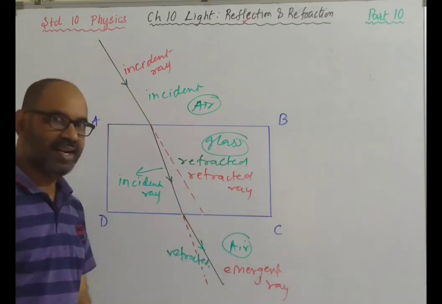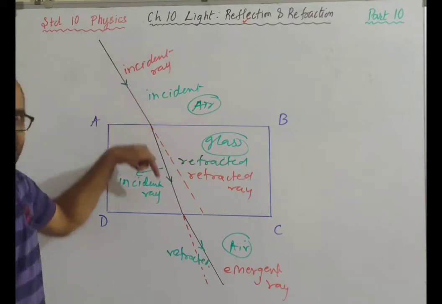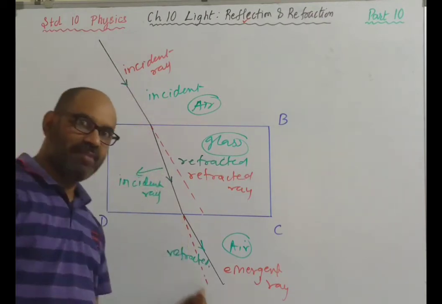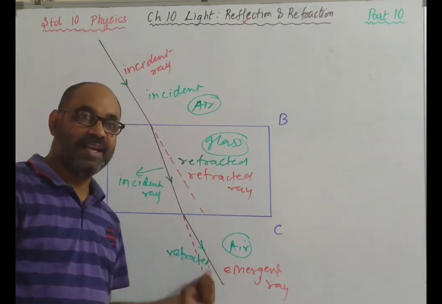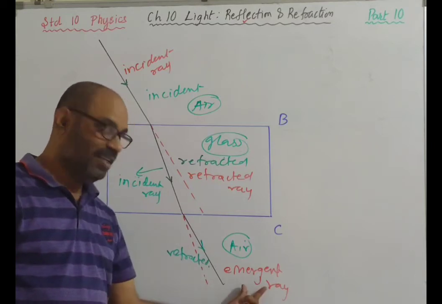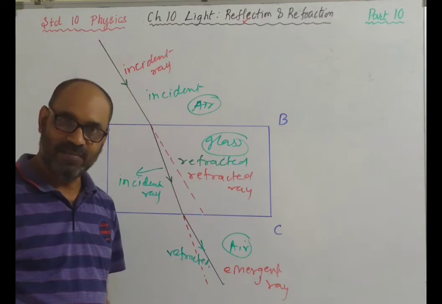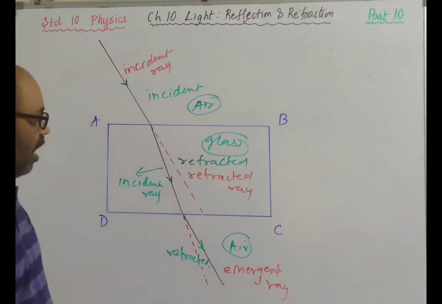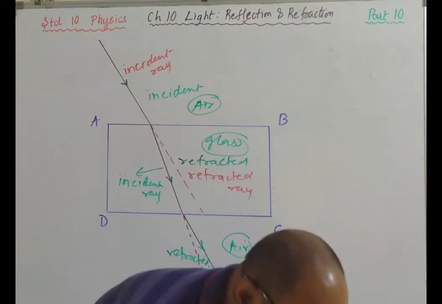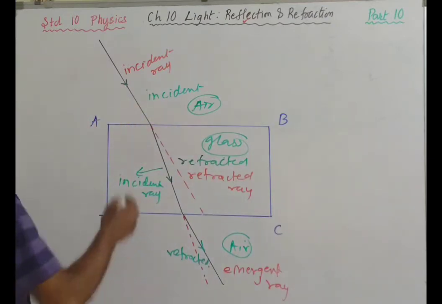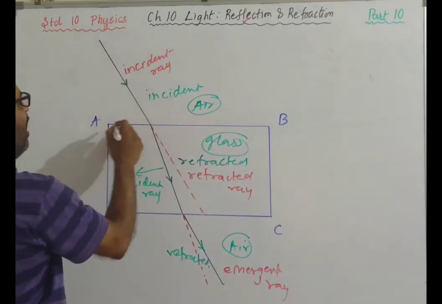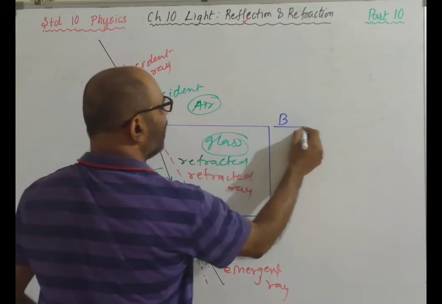Why it's called emergent ray? Yes, ray of light enters the glass and then comes out of the glass here. It makes exit from the glass here, emerges out from the glass. That's why it is also called emergent ray. Now we are going to observe what is exactly happening. This is incident ray and AB is interface.